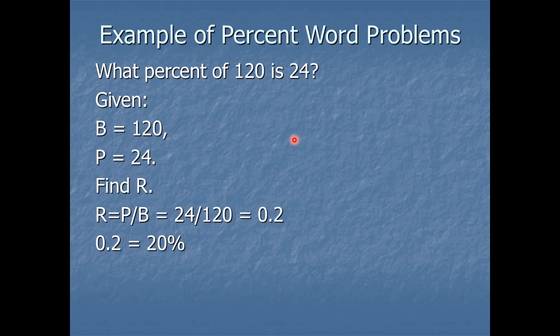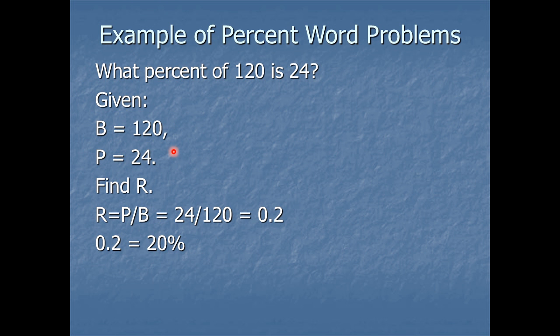So let's try some problems. For example, in this question: what percent of 120 is 24? As you can guess, 120 is followed by "of", so it's likely the base. 24 is the portion because the rate is missing, since nothing is followed by a percent sign.